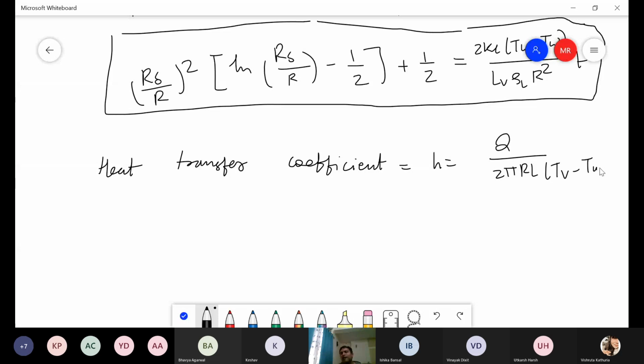Remember, the heat transfer Q is given as h into 2 pi R L (T_V minus T_W), but Q you can also write in terms of conduction, isn't it?